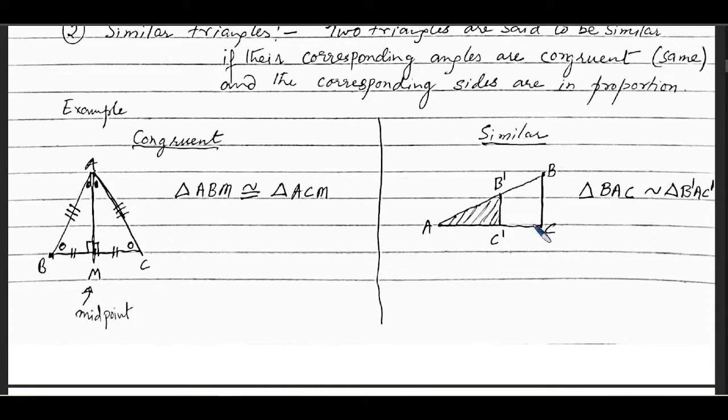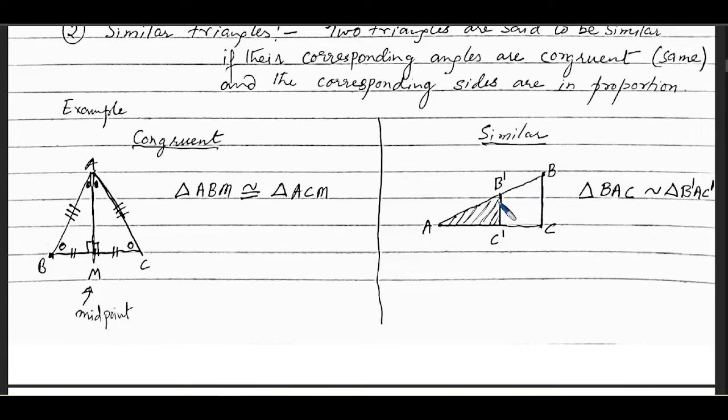And similar triangles are these. Suppose I draw a big triangle ABC, and I make a small triangle here by drawing a line parallel to this one. Then this small triangle AB'C' is similar to the big triangle ABC, because in this case all angles are the same. This is a common angle for triangles ABC and AB'C'.